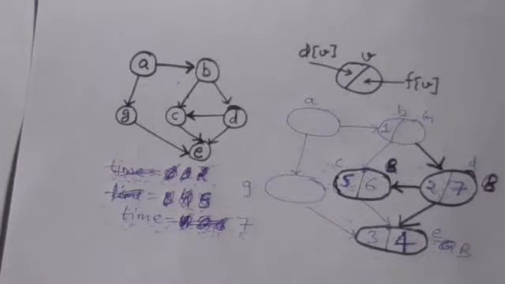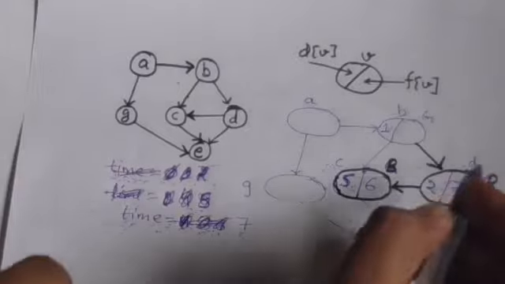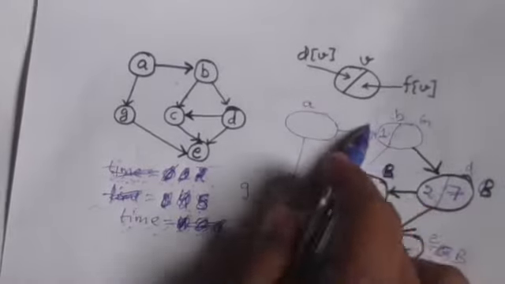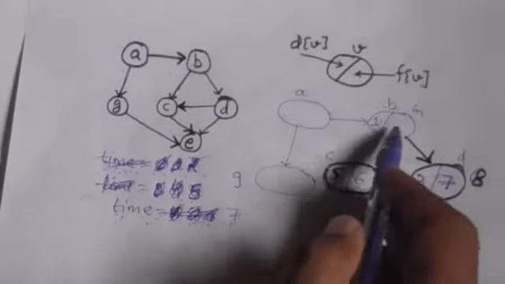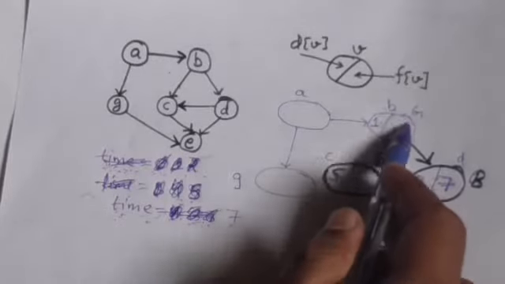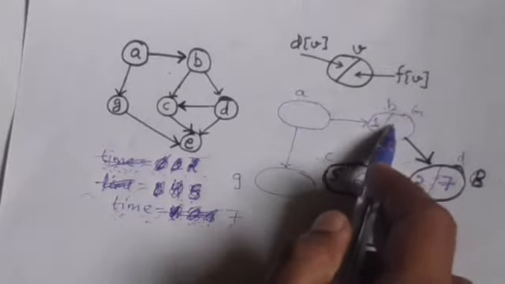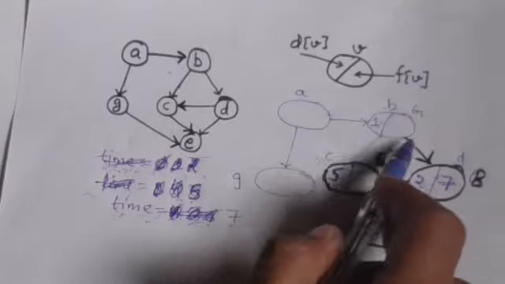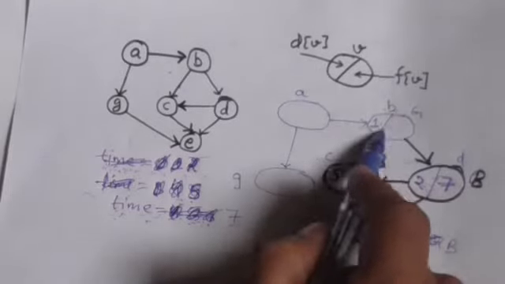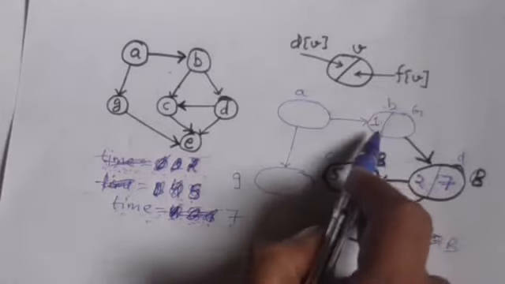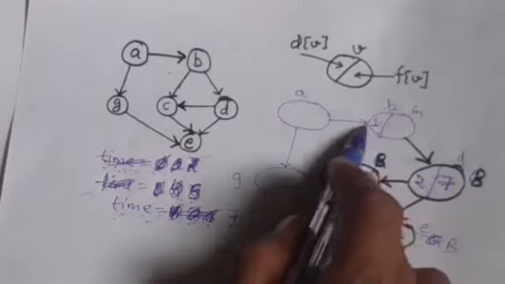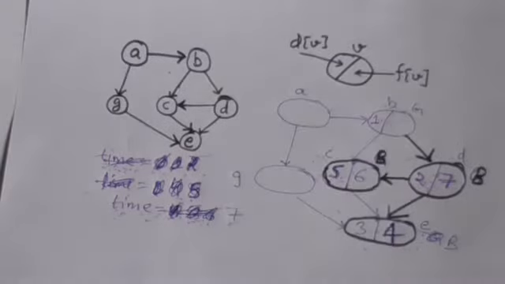Now we will backtrack to the vertex B, right? And check whether vertex B has any white adjacent vertex or not. Vertex B does not have any white adjacent vertex on which we can call depth first search visit function. So what will we do?